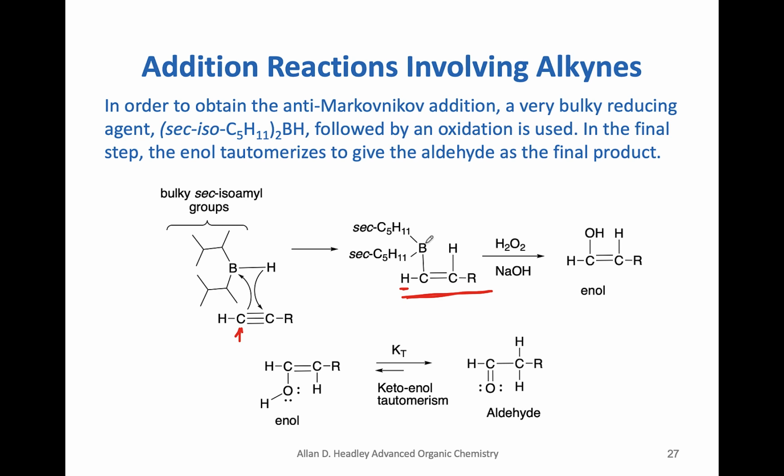As you can imagine, the oxidation of this group here gives us the alcohol, and this would of course be the enol, which quickly tautomerizes to give the aldehyde. So that's in essence how we would transform a triple bond into an enol in an anti-Markovnikov sense.